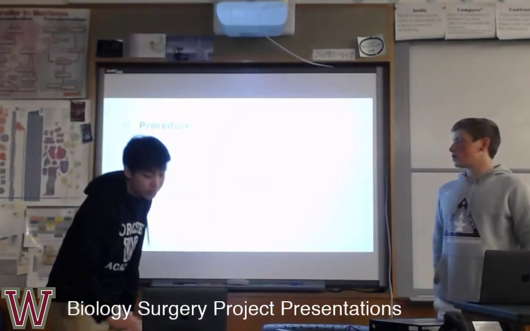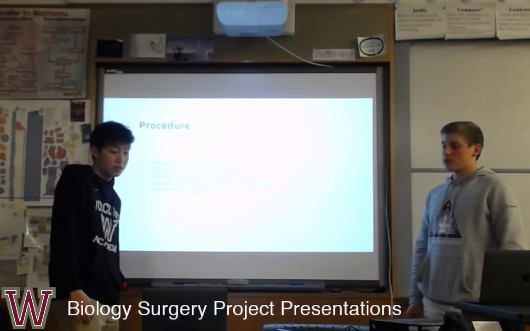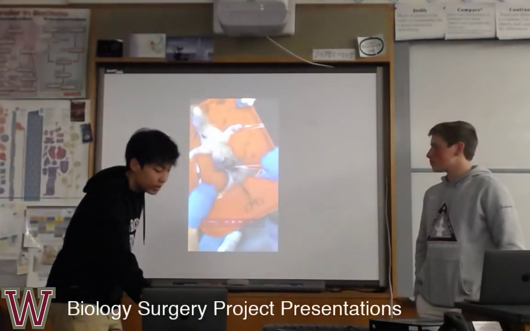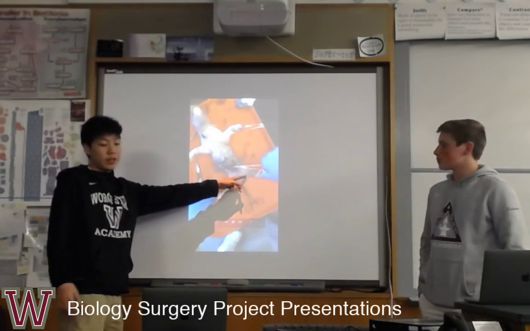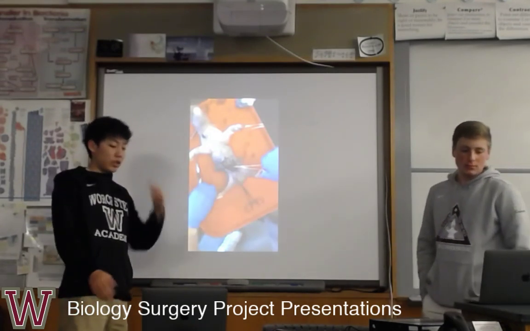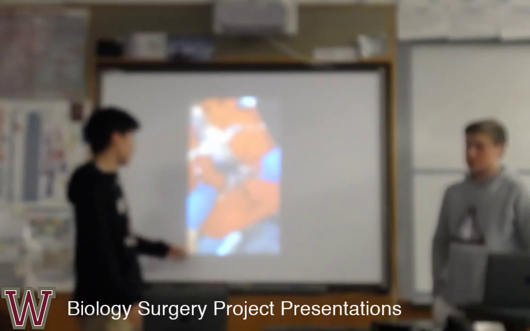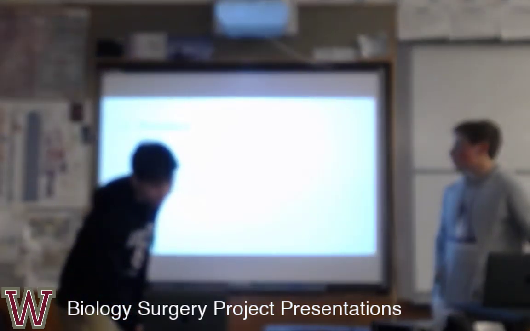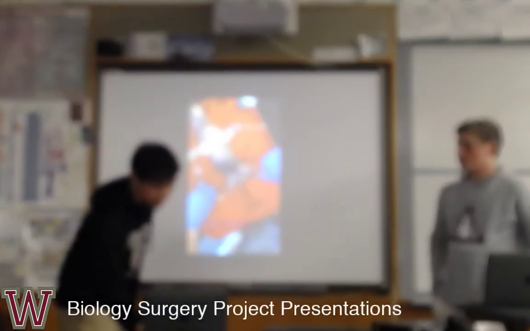Soon after that, the appendix was clamped to stop bleeding. As you can see, that's the clamp right there. In order to secure the appendix, we clamped it to the base of the appendix, and then we cut off the appendix, as you can see here.